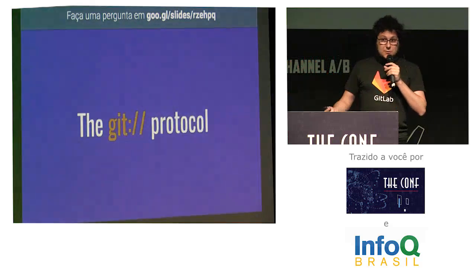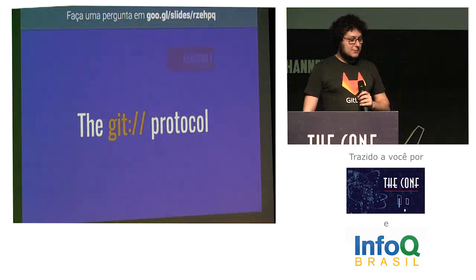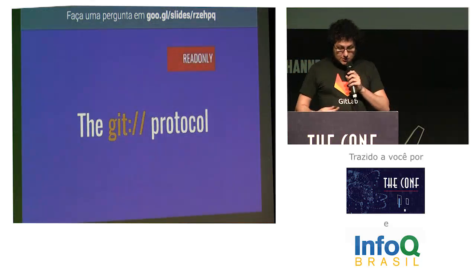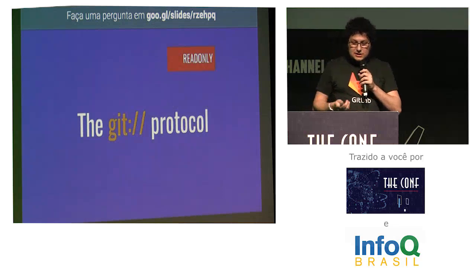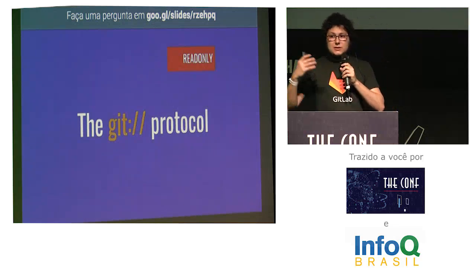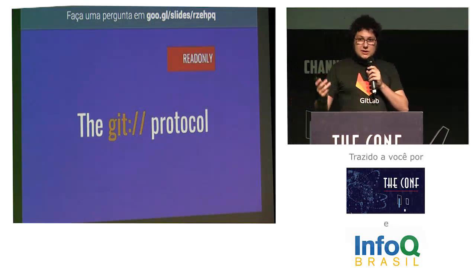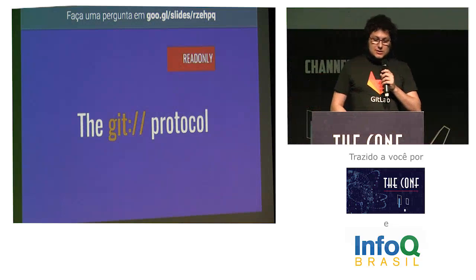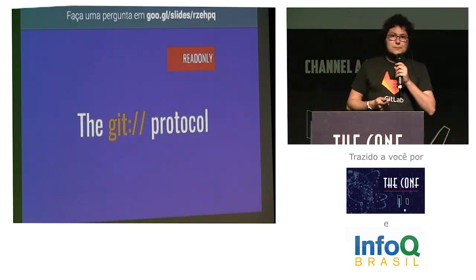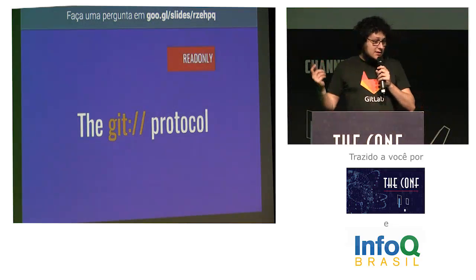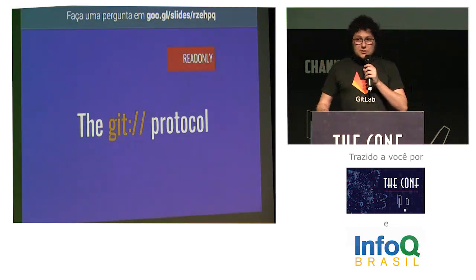So let's talk about the Git protocol. It's a read-only protocol. It's the first one that was invented. It was invented by Linus Torvalds, so it could deliver the Git repository for Linux. It has no permission control, and it is very efficient, and it's actually a very simple protocol.